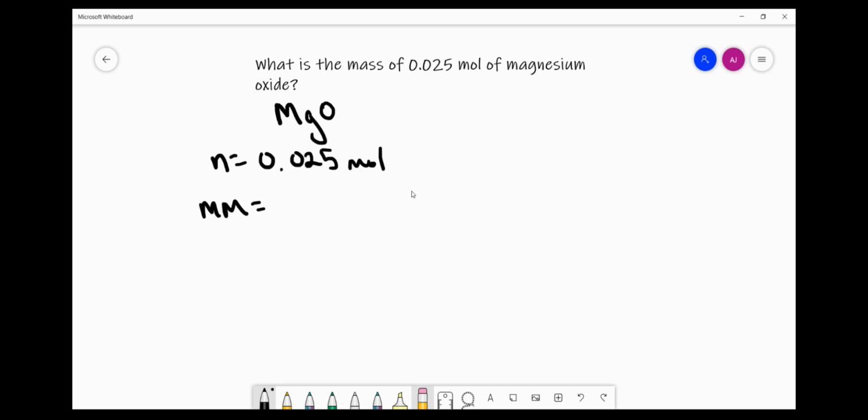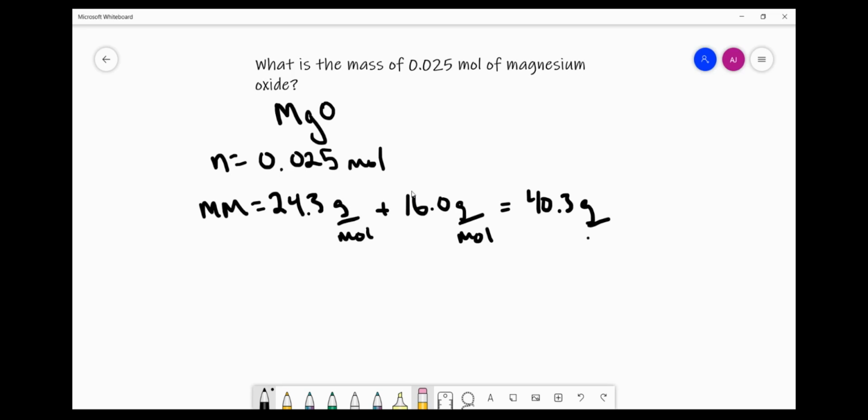I know the compound, so I can find its molar mass. Magnesium has a molar mass of 24.3 grams per mole, and oxygen has a molar mass of 16.0 grams per mole. So the molar mass of magnesium oxide is 40.3 grams per mole. Now we know that moles is equal to mass over molar mass.